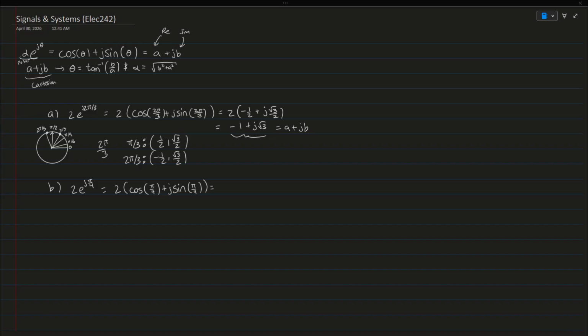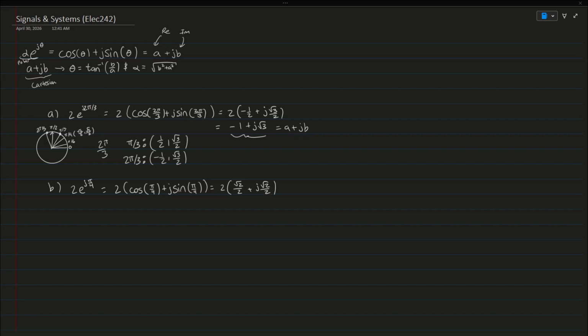At pi over 4, we have root 2 over 2, root 2 over 2. So what do we get? We get 2 times root 2 over 2 plus j root 2 over 2.